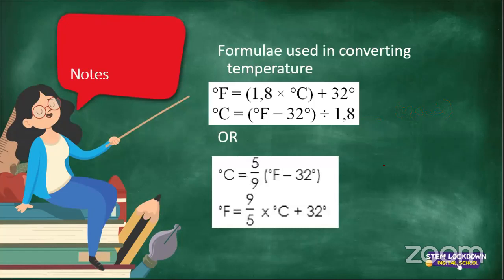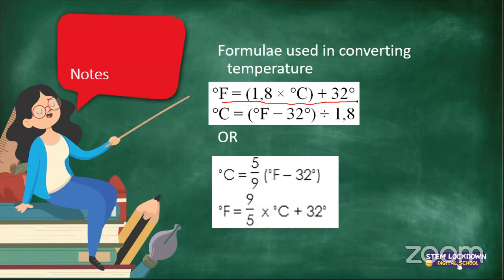Now, formulas that you need to know. To convert between degrees Celsius and degrees Fahrenheit, you'll be using this formula here. By the way, you don't need to know this formula off by heart, because you are given it in the exam.